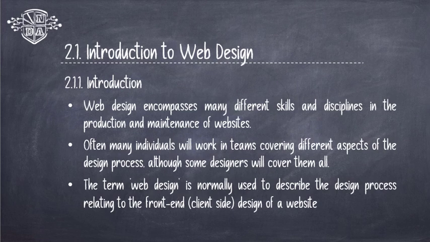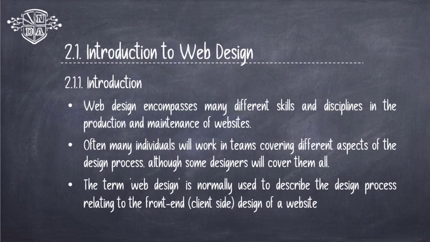So when you talk about web design, it's normally used to describe the design process relating to the front end, which is usually the client side design of a website. So this is what the client will see. This is when you open up a website, for instance, Facebook, this is what you see.